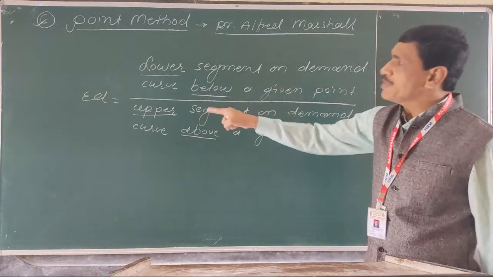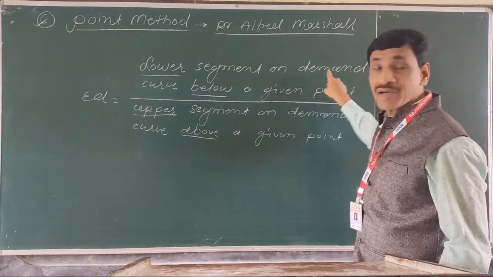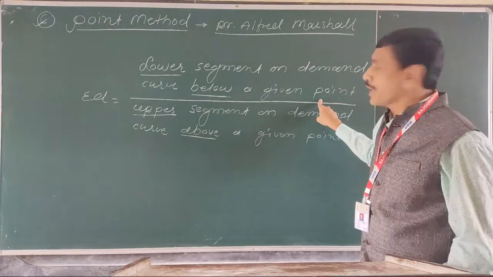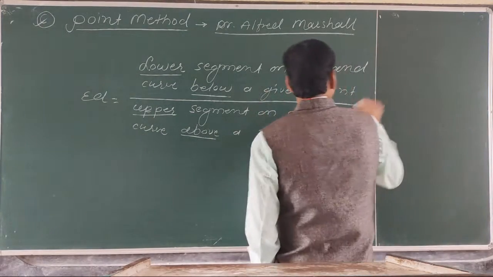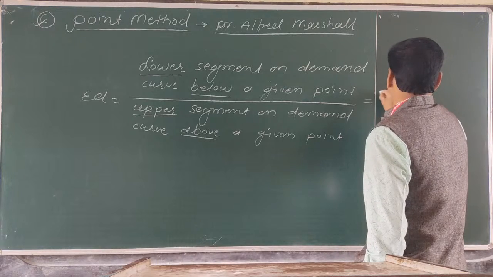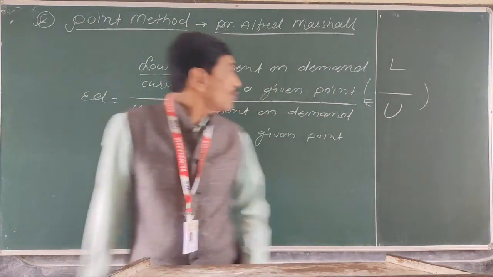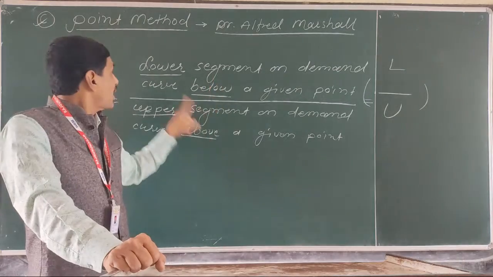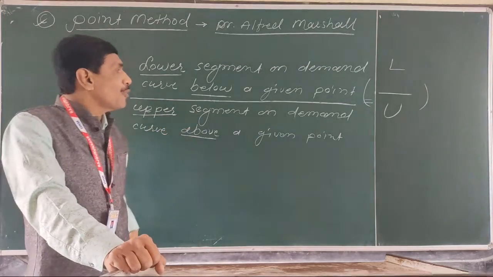So once again, ED, the point elasticity of demand, is equal to L upon U. What is the meaning of L? Lower segment on the demand curve below a given point, upon upper segment on the demand curve above a given point.